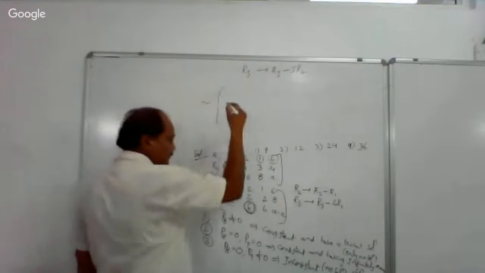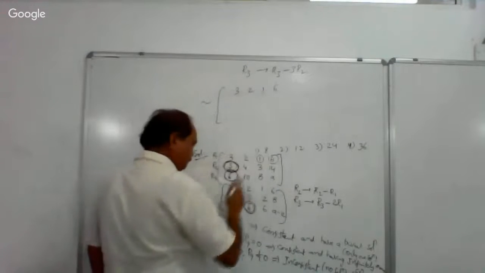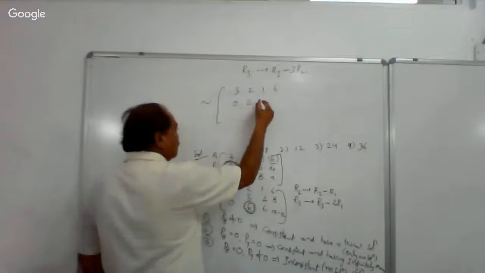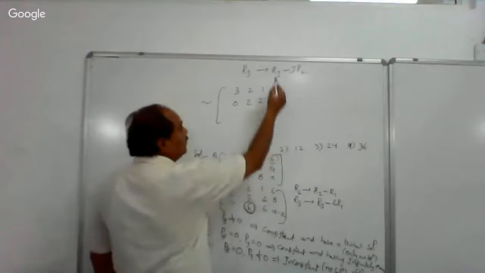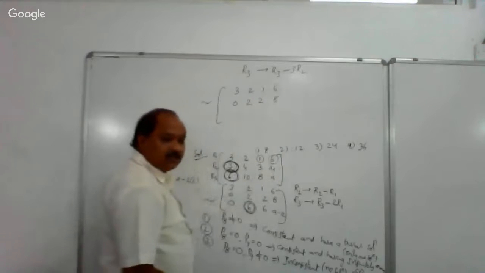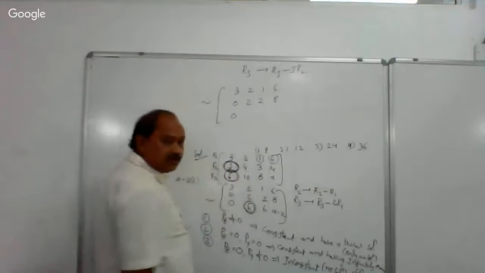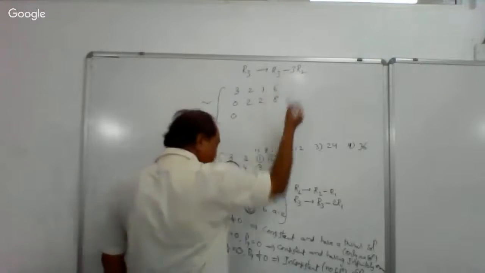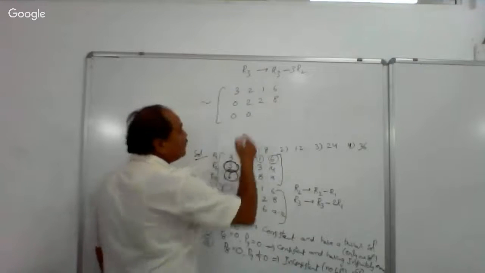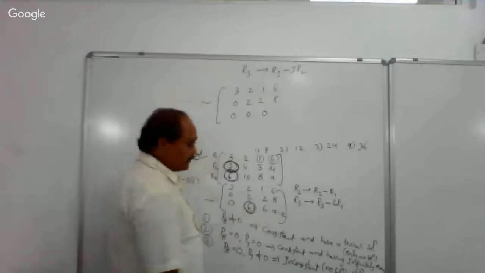Now R1 as it is, R2 also as it is. Apply this operation. Here we have 0. Here 6 minus 3 into 2, that is 0. Here also 0.